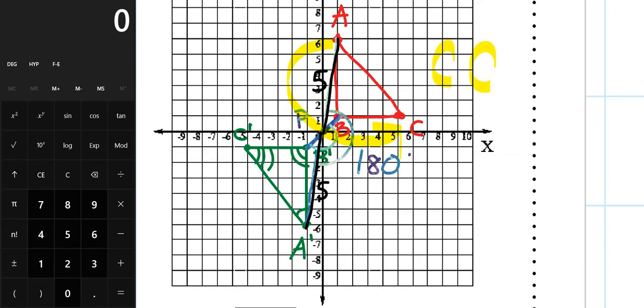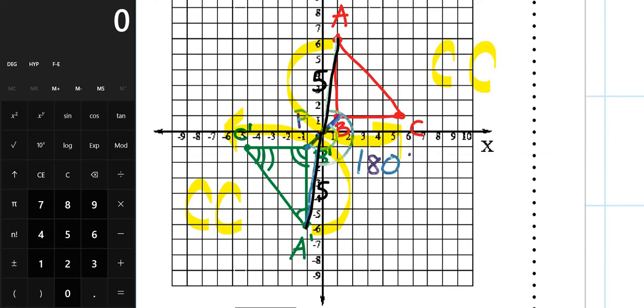Counterclockwise. Now to go from A prime to B prime to C prime after the rotation, let's see what direction we're going. So from A prime back to B prime, back to C prime. Again, notice we are going counterclockwise again. Orientation has not changed.